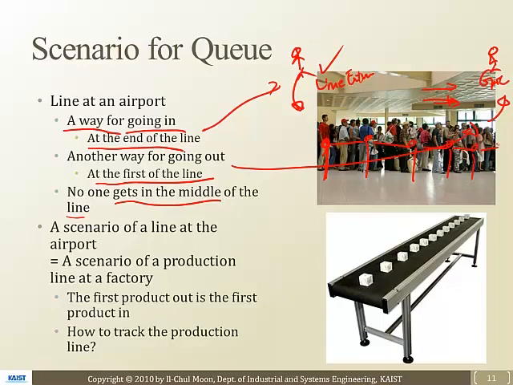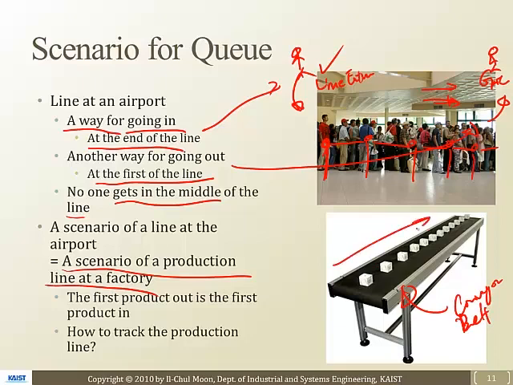So that's one scenario of the airport, and equivalently there is another scenario of the production line at the factory. In this case, imagine this is called a conveyor belt. This conveyor belt might go in one direction, and then we put a box here, and there is some kind of process going on.